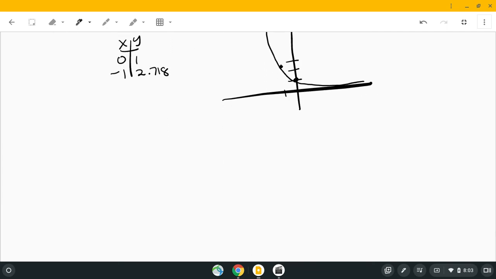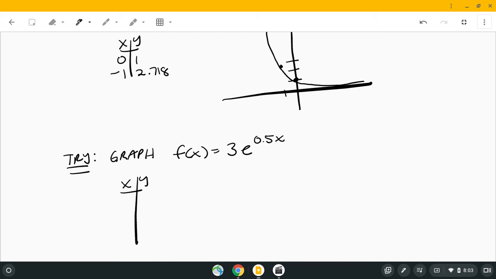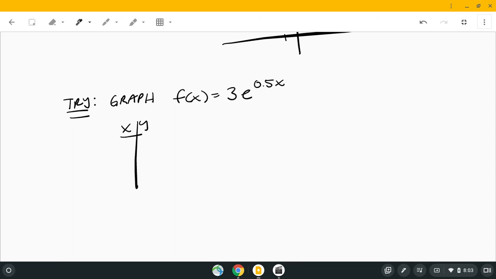And go ahead and try this one. Just use your calculator to come up with your values if you need to. Go ahead and graph f of x, which equals 3 times e to the 0.5x. Okay, so just go ahead and make a table of values. I'm going to choose 0 for x, so e to the 0 is 1, times 3 is 3. For 1, I get 4.95 on my calculator.